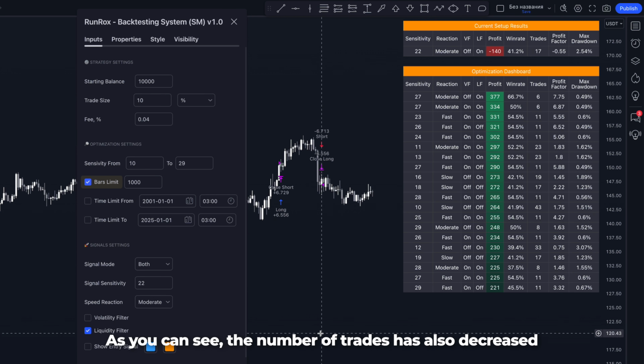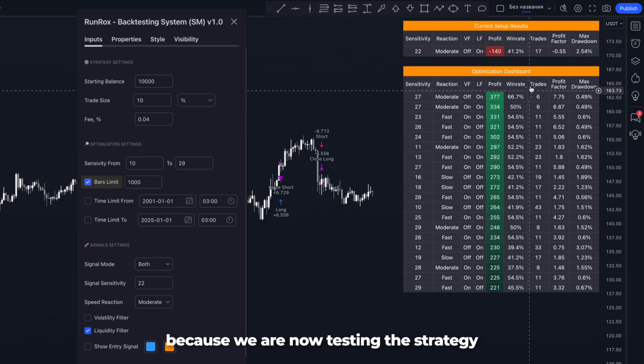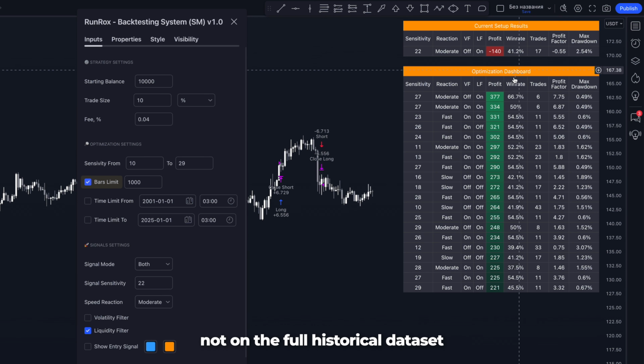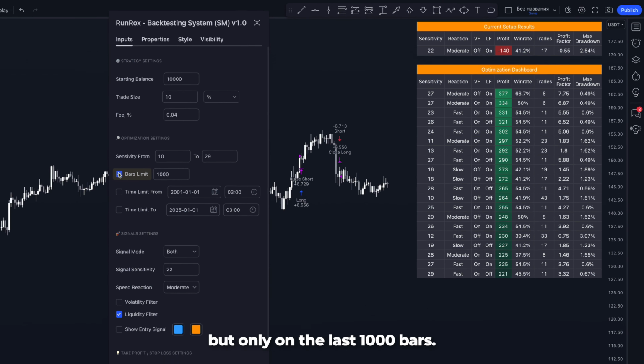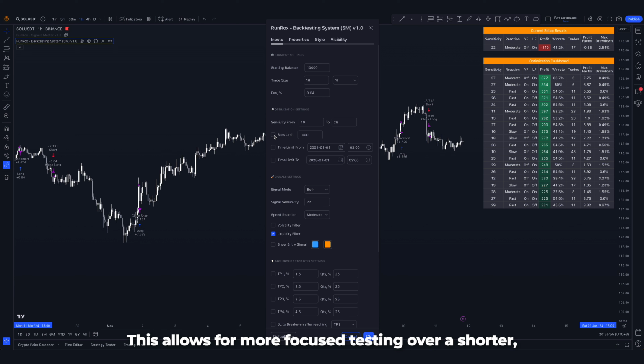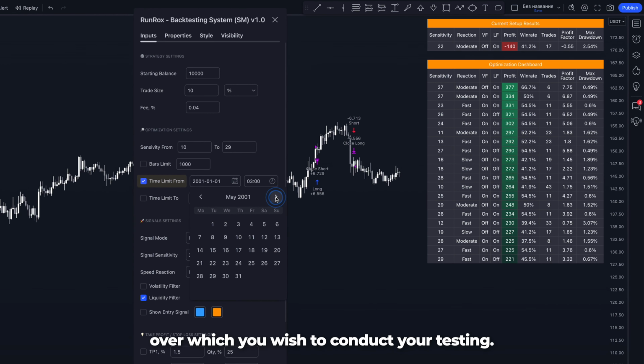As you can see, the number of trades has also decreased because we are now testing the strategy not on the full historical data set, but only on the last 1,000 bars. This allows for more focused testing over a shorter, more recent period, which can be useful for strategies sensitive to current market conditions.